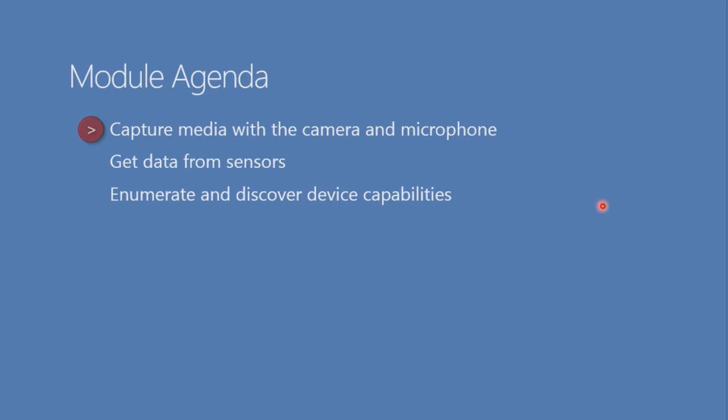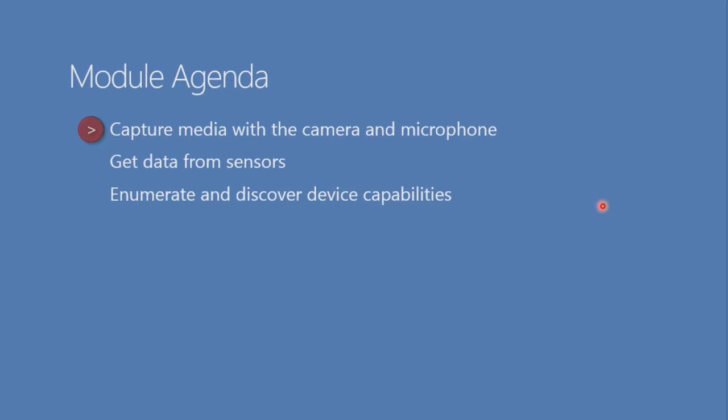We also have a microphone on our device, and we want to capture audio from that, probably at the same time as video, but also maybe for an app for taking audio notes, where we capture just the audio from the microphone and don't do anything with the webcam. So that's what we're going to talk about first.